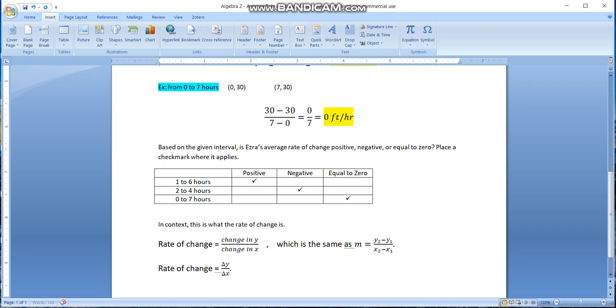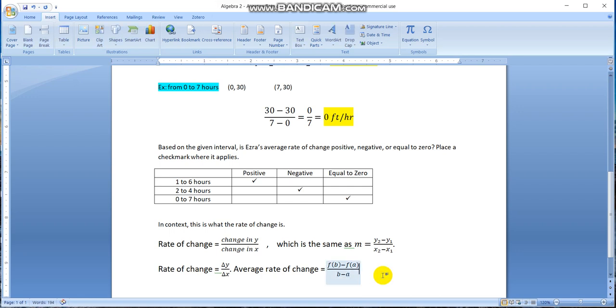Another way that some of you may have also seen it presented, so average rate of change, you might also see a formula that looks like this. It would be like f of b minus f of a over b minus a.